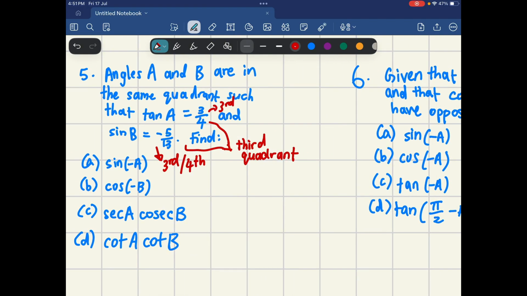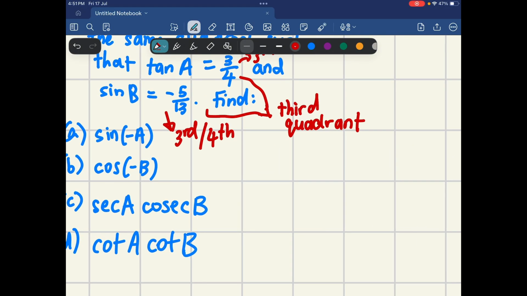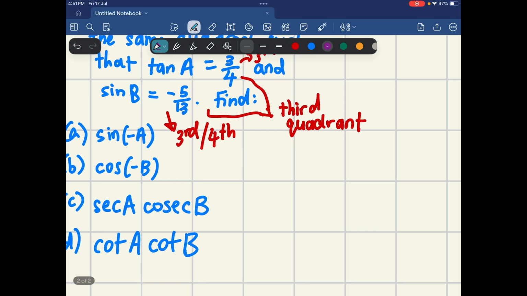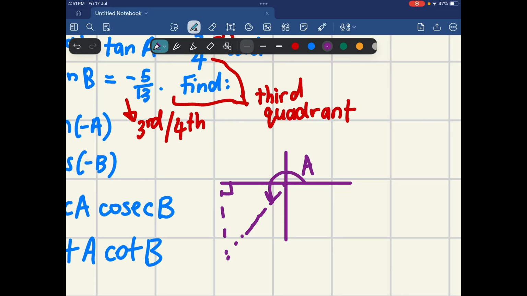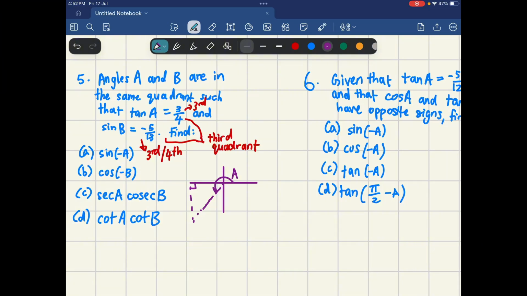So now we have to draw two diagrams, not just one, because we have two values. So firstly we'll draw for A and then we'll draw for B. So for A in the third quadrant, this is angle A. And we get that tangent A is 3 over 4.